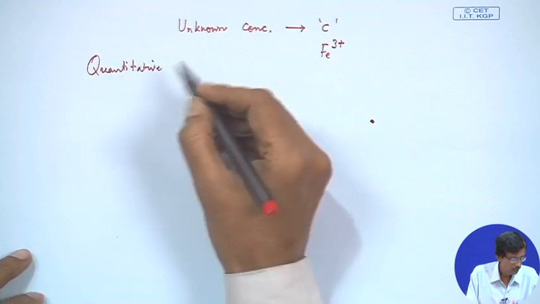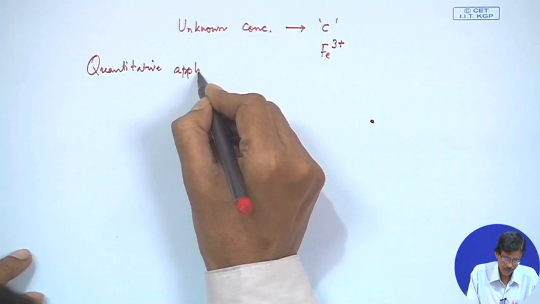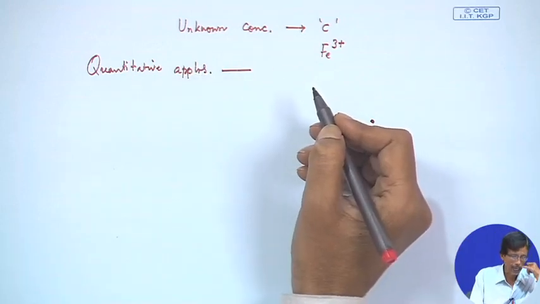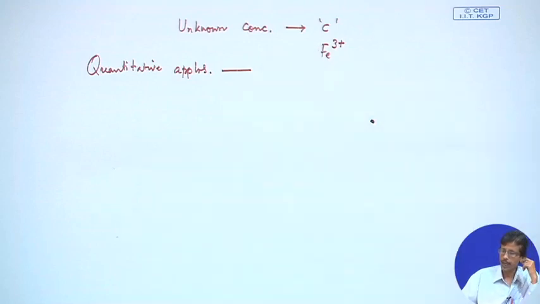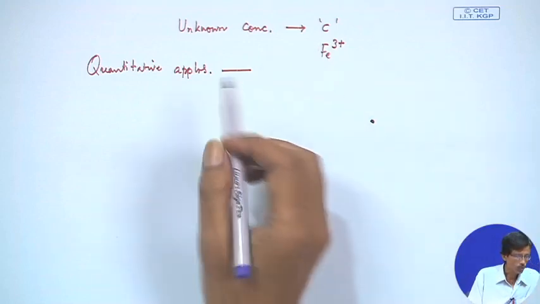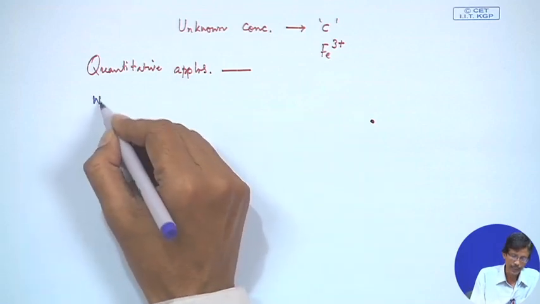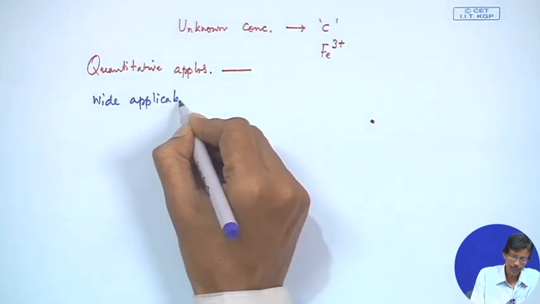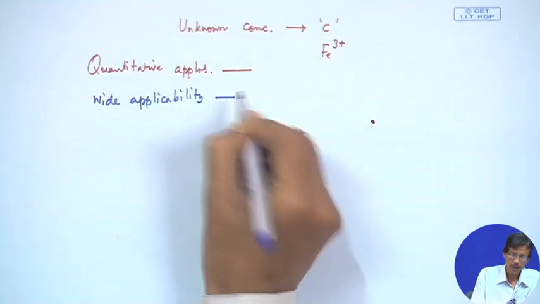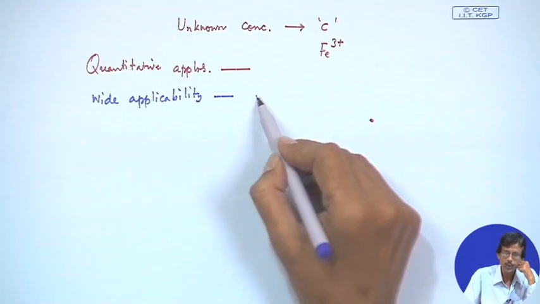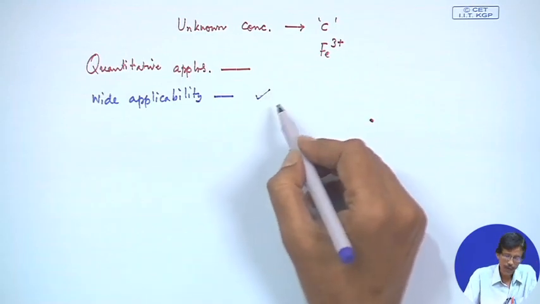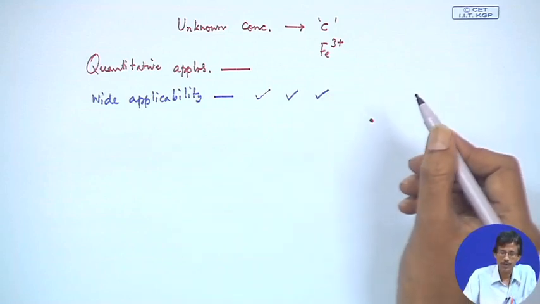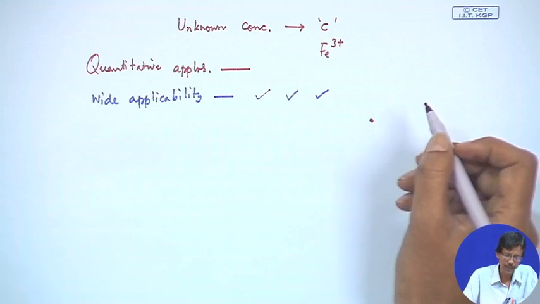These quantitative applications will tell us that this methodology, absorption spectrometry, is useful for its wide applicability, because we can apply it to organic molecules, to inorganic metal ions, and to biochemical species. So, it has a tremendous range of applicability.